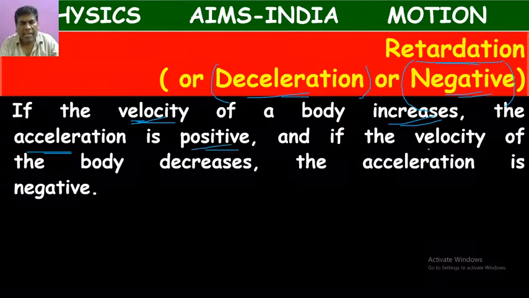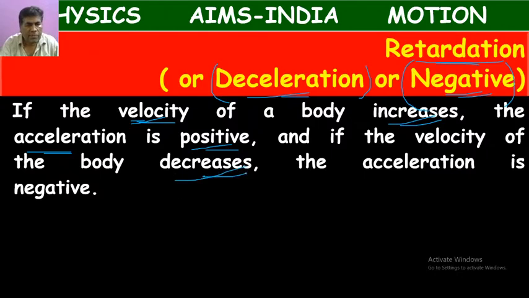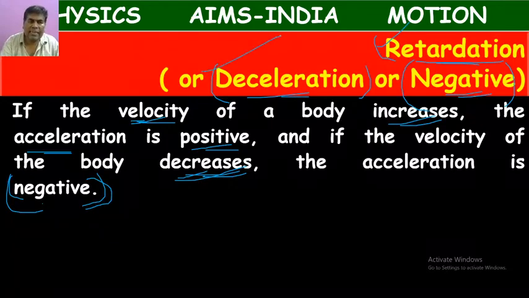Suppose you apply brakes, what happens to the velocity of the bike? It will decrease. That decrease of velocity we call negative acceleration, which has special names like retardation or deceleration.